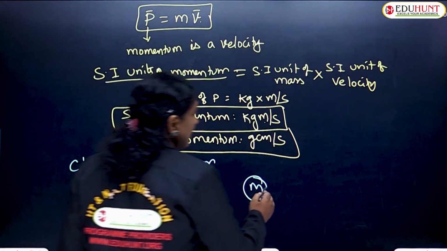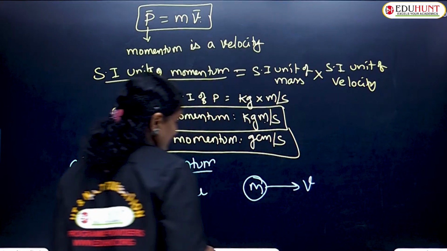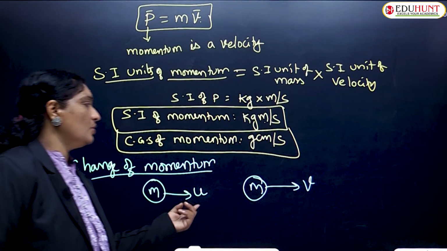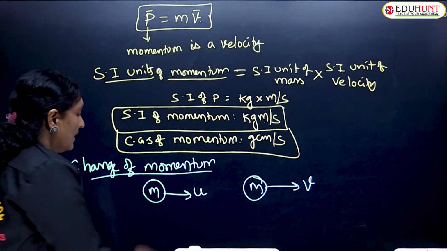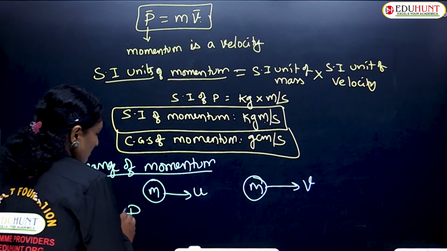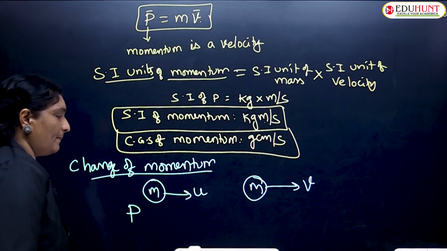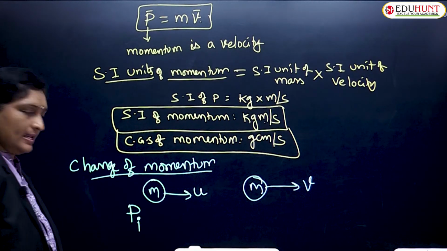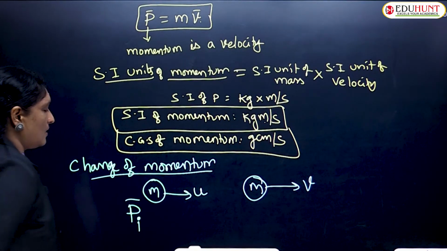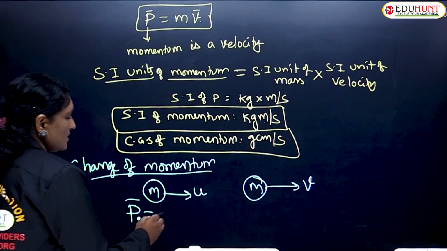Then the final velocity of the body is v. Initial velocity is u and final velocity is v. What is the initial momentum? Momentum is indicated with the letter p, children. Initial momentum, let me name it p_i, is a vector quantity, p_i bar, equal to how much?